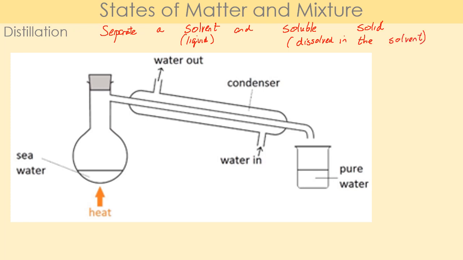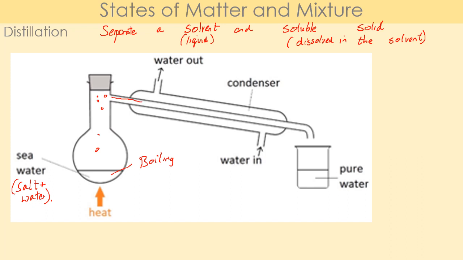Now what we do is we have our mixture here. So we've got seawater here. This is just salt and water. We would heat it up. As we heat it up, the particles get more kinetic energy, and the ones in our liquid will turn into a gas. So we get boiling happening here. Up here, we've now got gas particles.